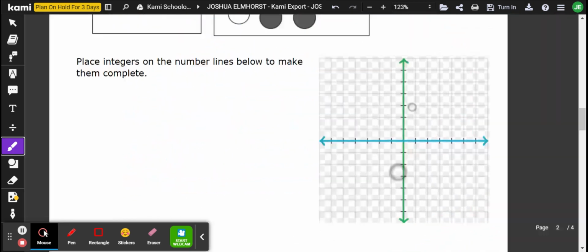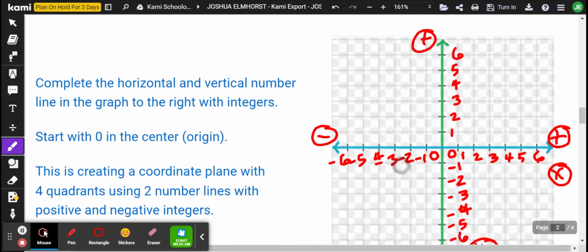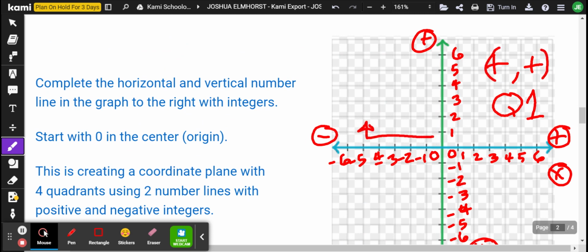And in the coordinate plane, just a quick note, coordinates are going to create corners. Positive, positive coordinates is going to be called quadrant 1. And when we go left and up, we're going left, which is negative, then up, which is positive, and that's going to be called our quadrant 2.